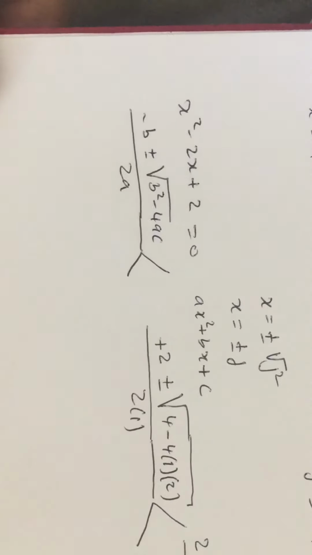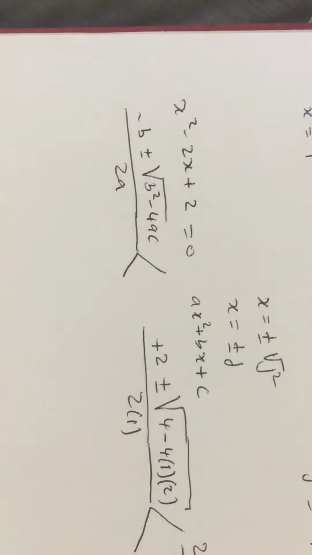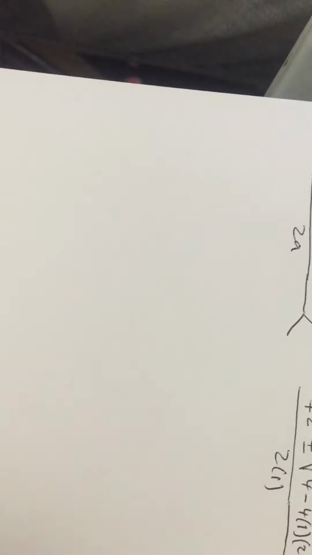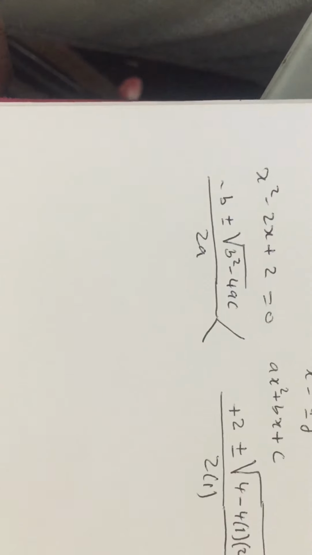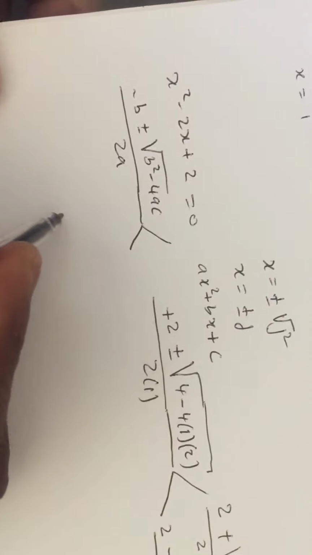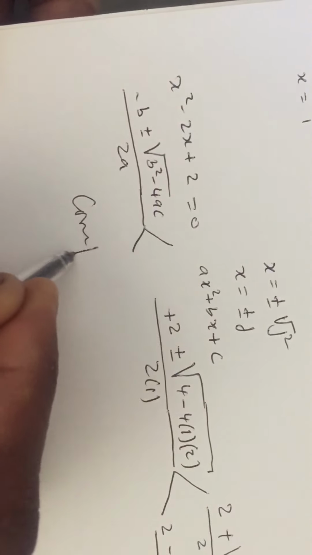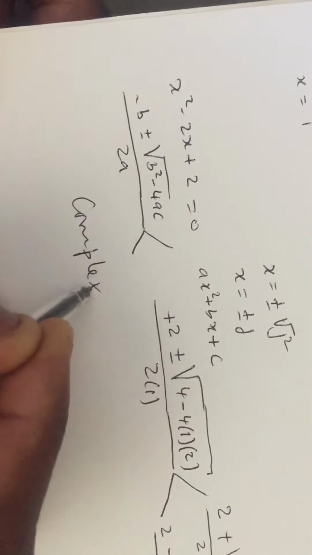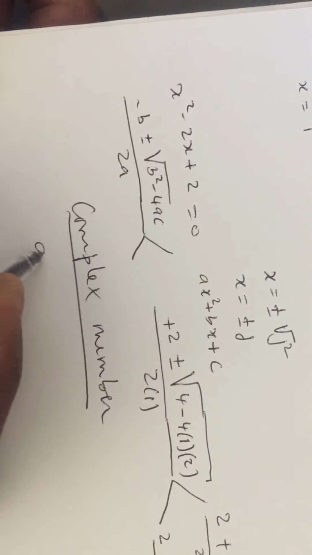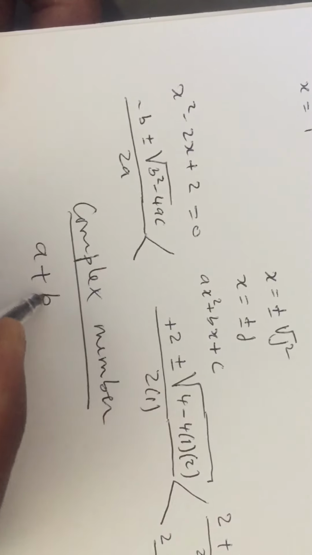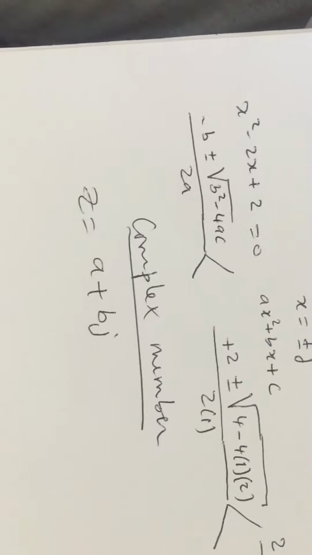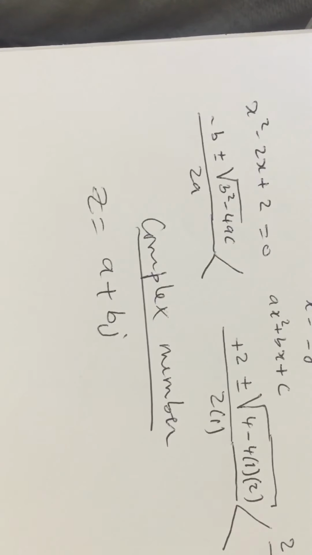Now let's start with the real complex number. The complex number is in this form: a plus bj. This is how a complex number is written.